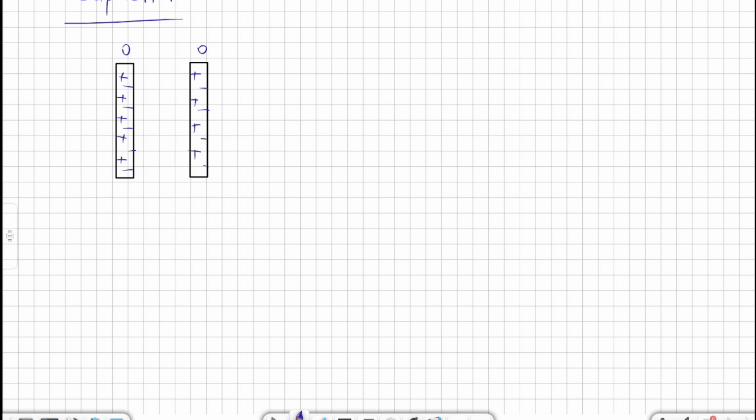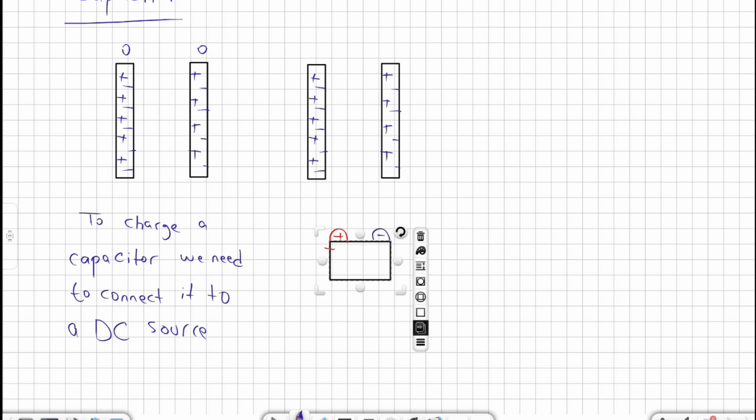So the charge of each metal plate at the beginning is equal to 0. This is an uncharged capacitor. To charge it, we need to connect it to a DC source, and a battery is a DC source. One side is filled with positive charge, one side with negative charge, and that's how we have a potential difference across a battery.